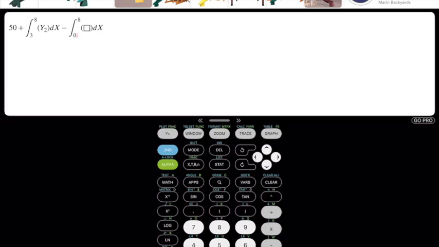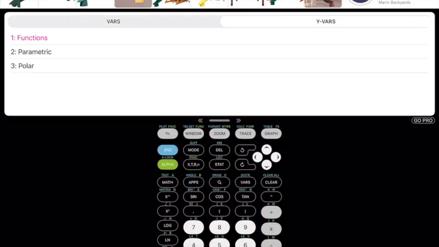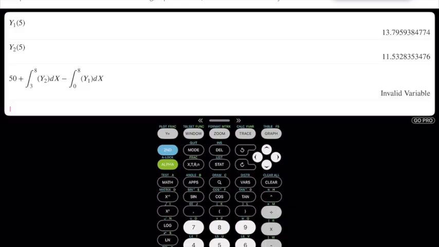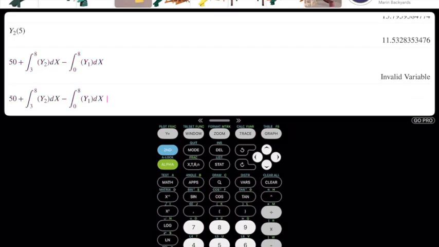In our calculator, go over to y variables, and that was our y1. Uh-oh, what happened? We get an invalid answer. So I think we're going to have to calculate each part by itself.